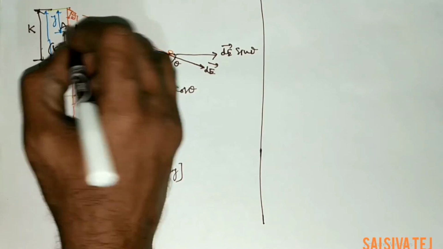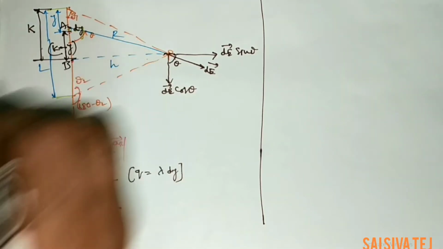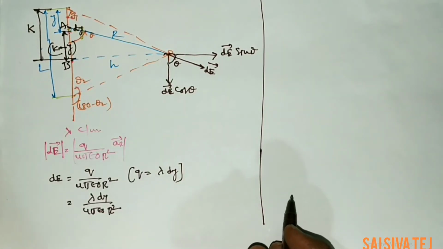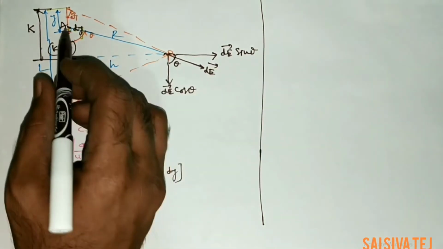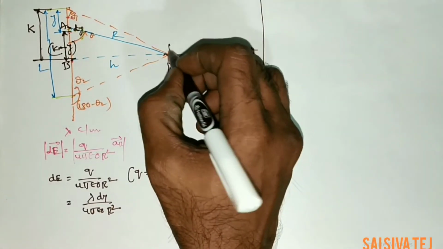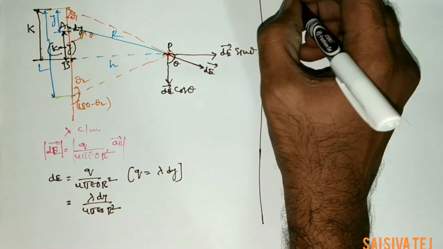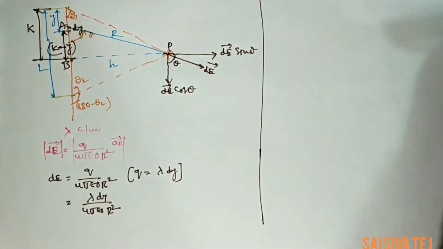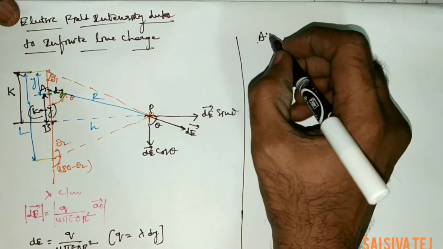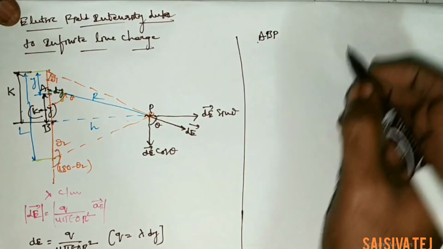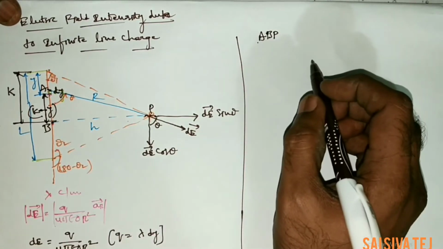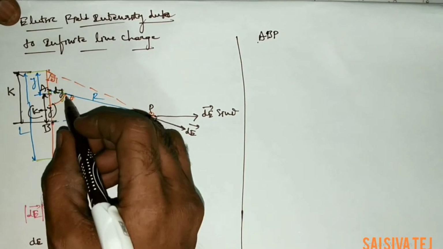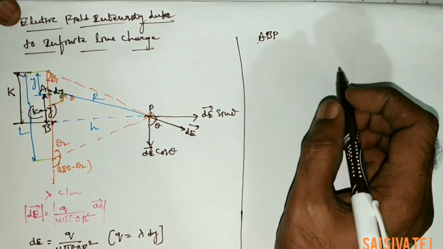Say this is point A and this is point B. Now ABP is a right angle triangle, and this is point P. In the right angle triangle ABP, I am writing down the trigonometric ratios here. This is the angle theta we are going to have.